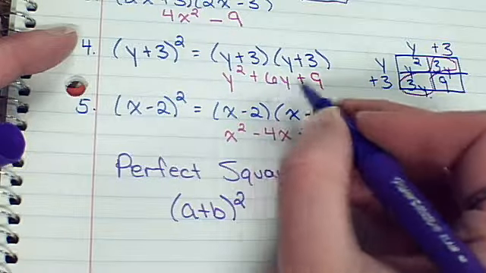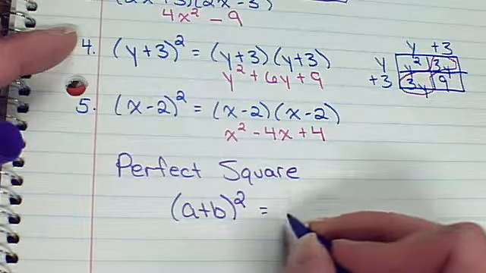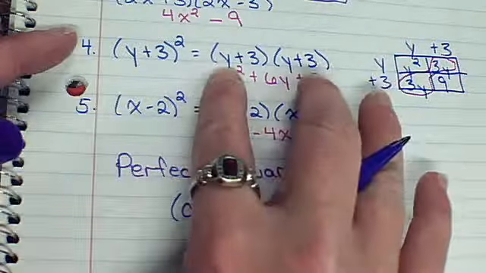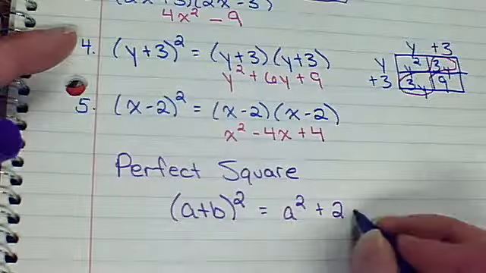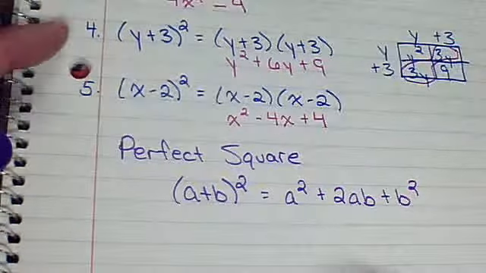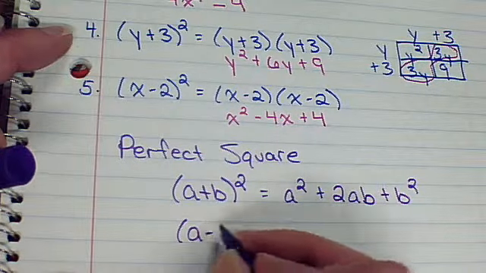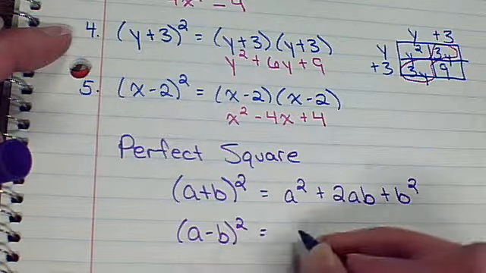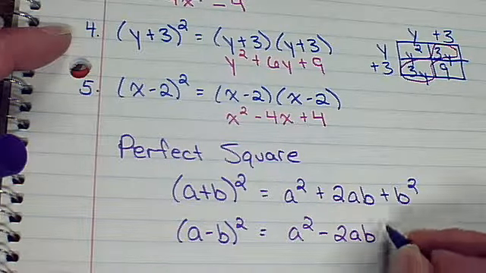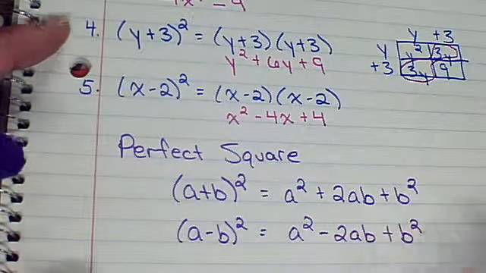We get a squared plus 2 times these multiplied together, plus the last number squared. Now if it had been a minus in there, the only thing that would have changed is that we would have minus 2ab plus b squared.